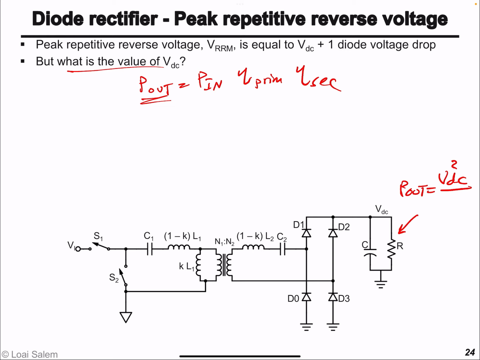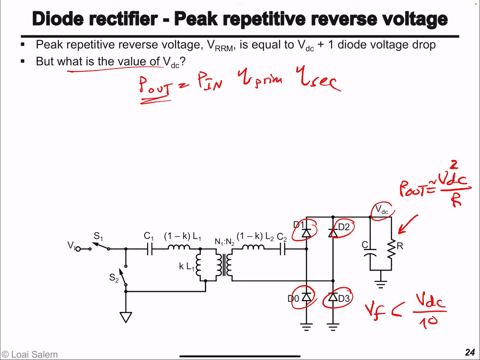Here we are approximating, this is approximately an expression because essentially the diodes will cause some losses. But typically one thing we do for the diodes, to make sure their losses are minimal, is that we select them such that their forward voltage is less than the DC voltage divided by 10, so 1/10. So essentially we can ignore the losses in these diodes for simplicity. So P out will be VDC squared divided by the DC load resistance R.